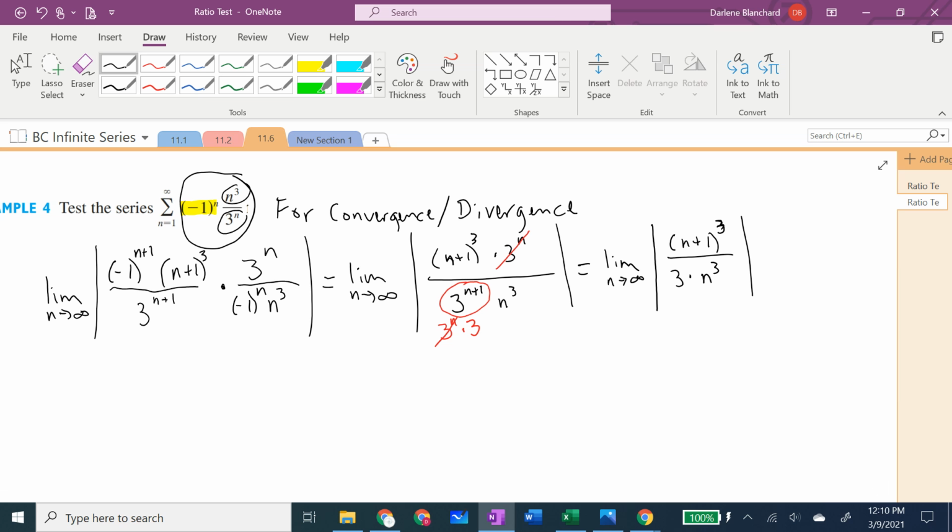you should be able to know the answer to the limit at this point. You can painstakingly go through some algebra, but it's not necessary. You should realize that when you expand n plus 1 cubed, you get a polynomial where the leading term is n cubed.